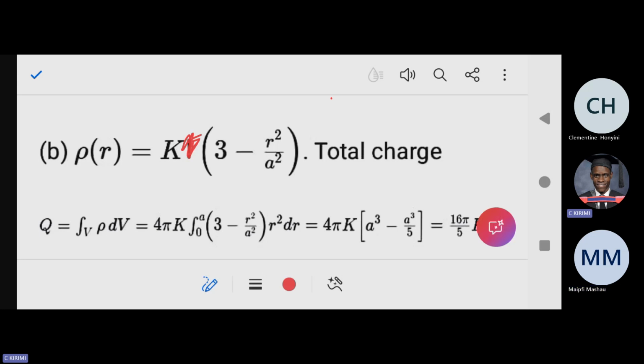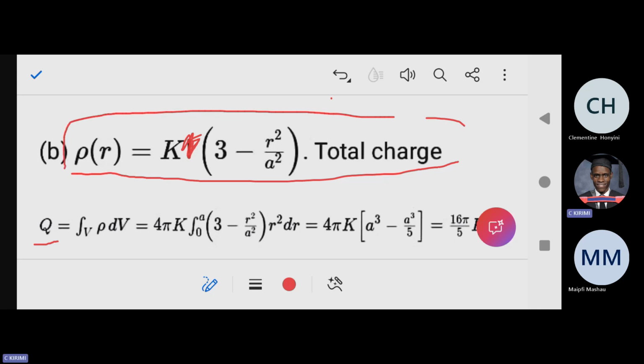We want to find the charge, and we are given the function of non-uniform distribution of charge. So we integrate that density function with respect to volume V. Here we are only changing the dimensions, writing dV in terms of r.